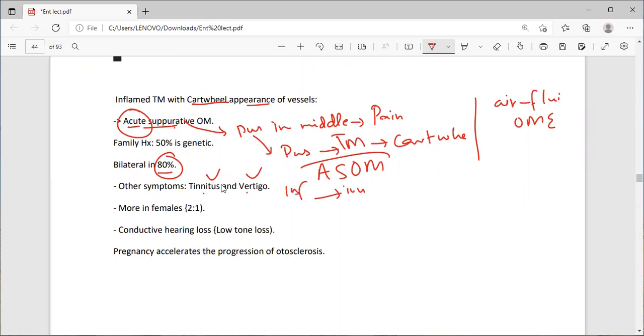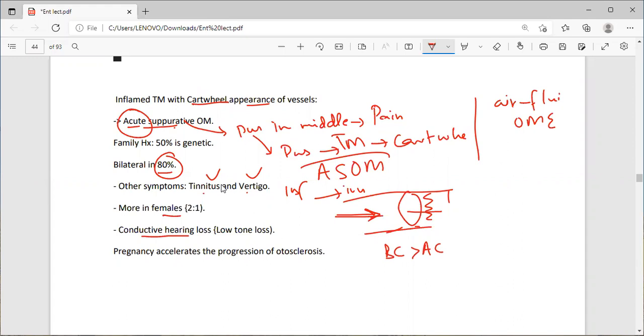Females are more prone to this. There will be conductive hearing loss, because there is pus behind the tympanic membrane and air cannot move through the pus. So bone conduction will be greater than air conduction.